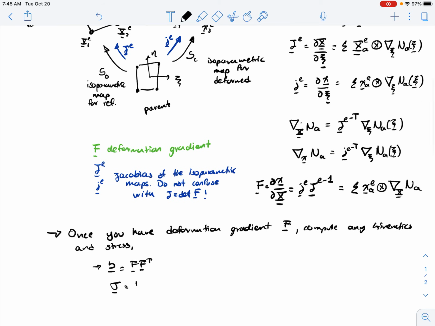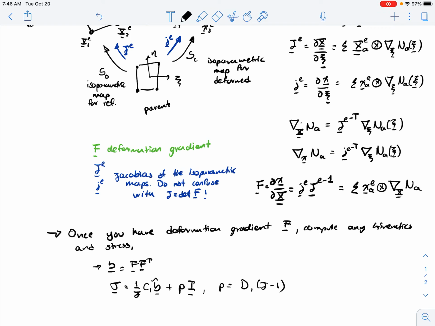homework, 1 over J, now I forgot, what was the C1 times identity, B times B hat, if I remember correctly. 1 over J, C1 plus B hat plus P times identity, where P was something like D1 (J minus 1).